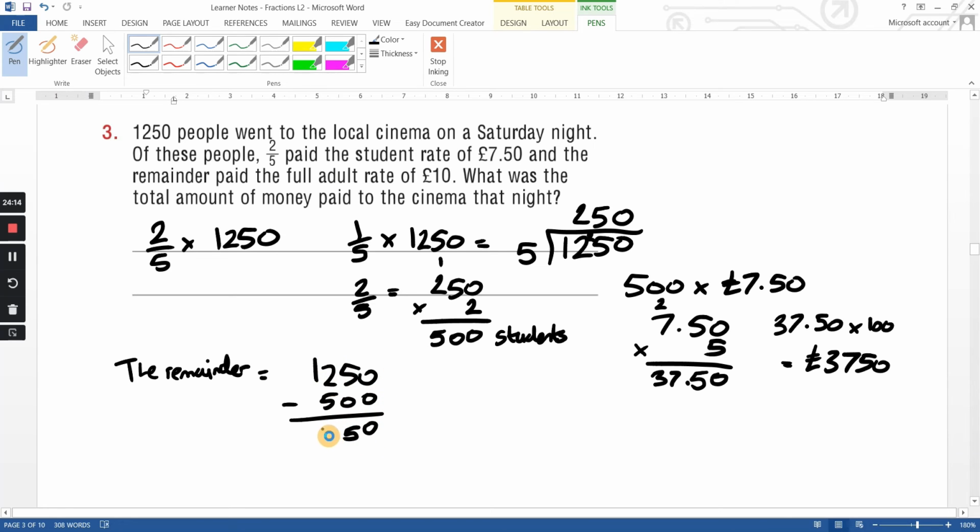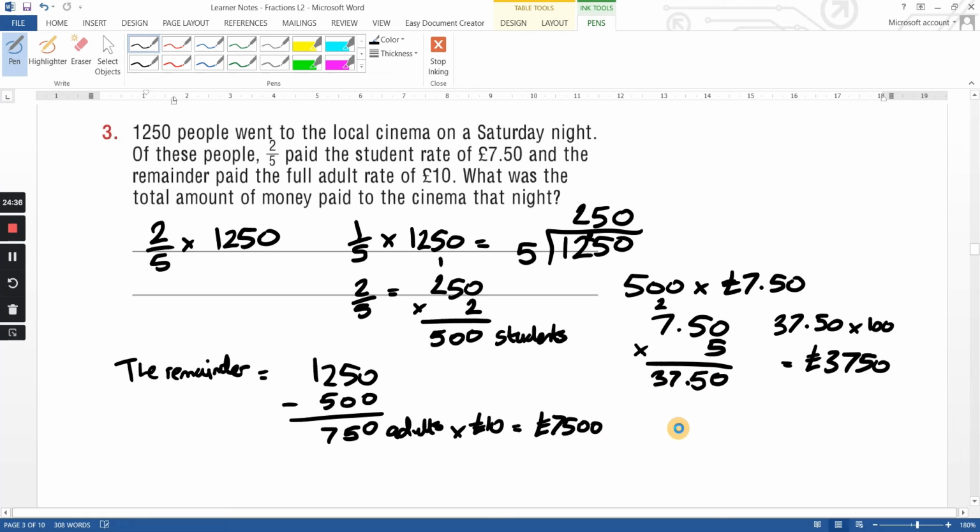And that gives me 750 adults, each paying £10. So that's going to give me 7,500. Yeah. So just multiply that by 10, and yeah.